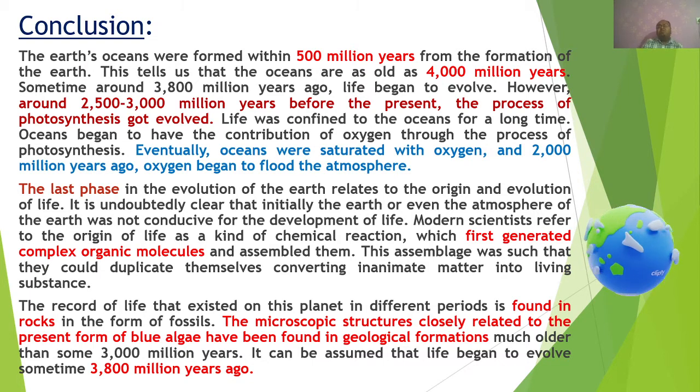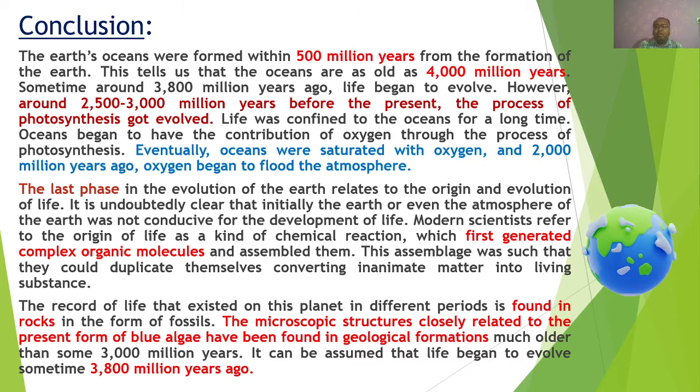The earth's oceans were formed within 500 million years from the formation of the earth. This tells us that the oceans are as old as 4,000 million years. Sometime around 3,800 million years ago, life began to evolve.